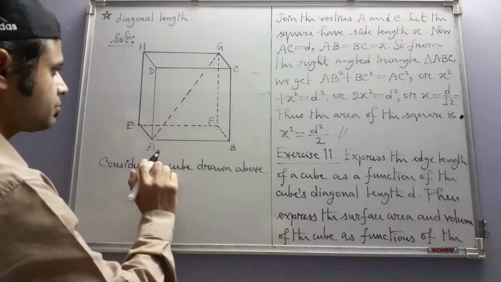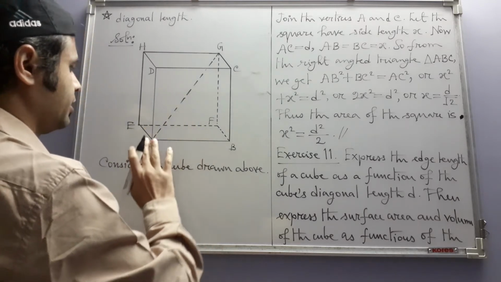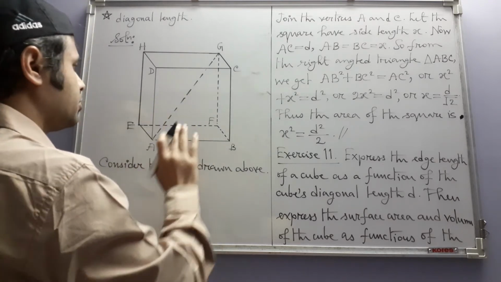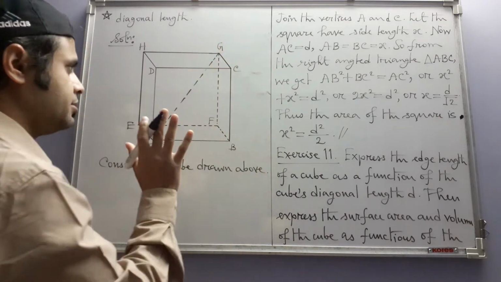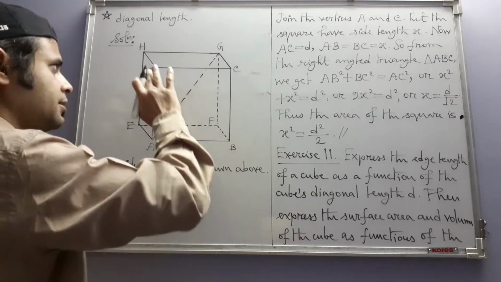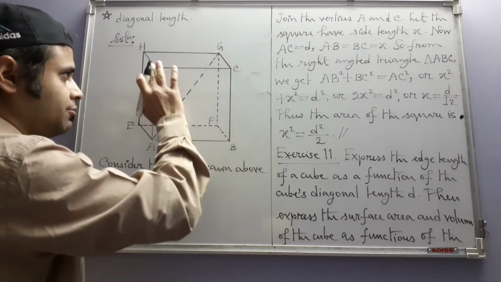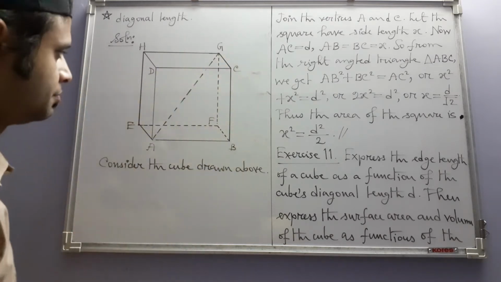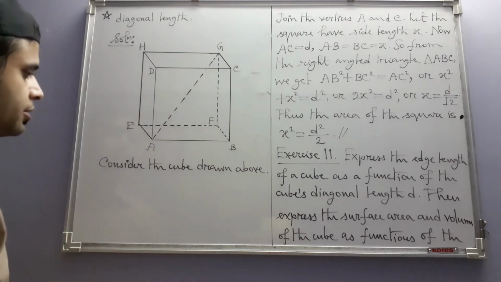In particular, this diagonal AG will be on the other side of this square face ABCD. So that's why we are using dashed line.